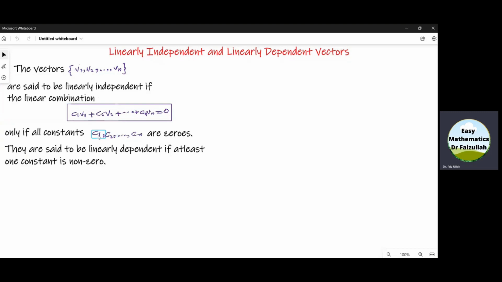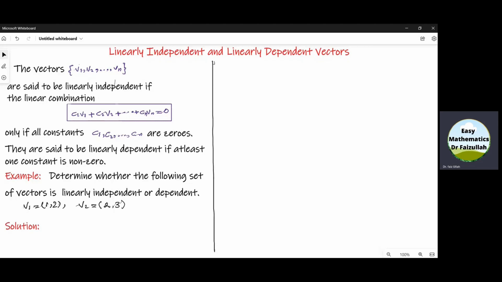If we get that all the constants are zero, then we shall say that these vectors are linearly independent. And if we get that at least one constant C1 or C2 is non-zero, then we shall say that these vectors are linearly dependent. Let us explain it by some examples.